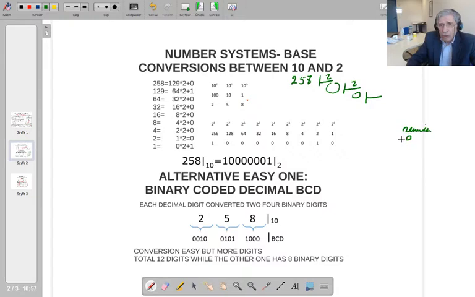When the remainder is 0, write all the remainders that you have from the last one up to the first one. If you write all these remainders from the left-hand side to the right-hand side, you're going to end up with the base 2 number representing this 558 base 10 number.